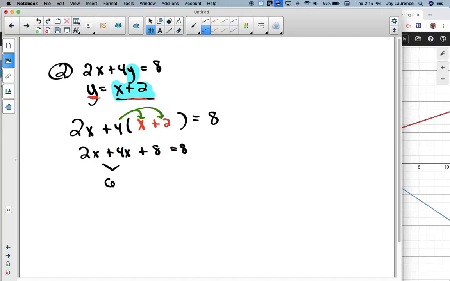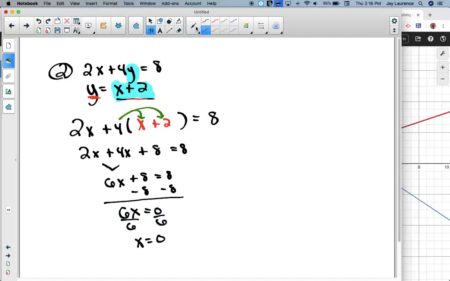Combining like terms is going to get me 6x plus 8 equals 8. And now it's just a two-step equation. I'll subtract 8 from both sides. I'll get 6x equals 0, and dividing by 6 will tell me that x equals 0.